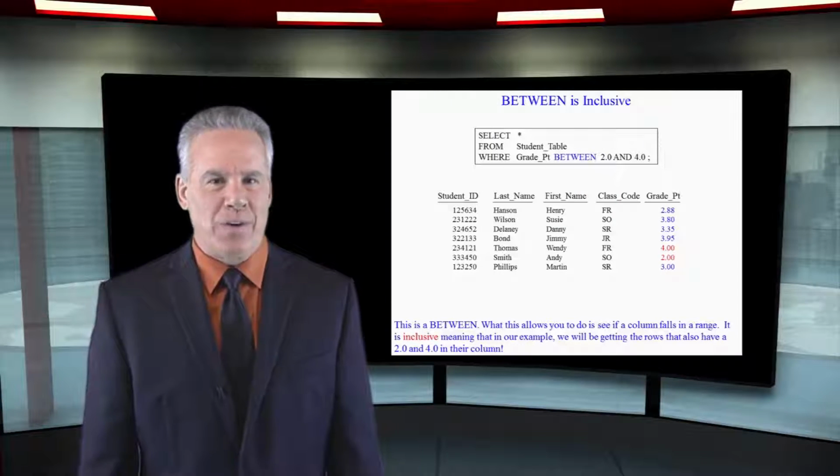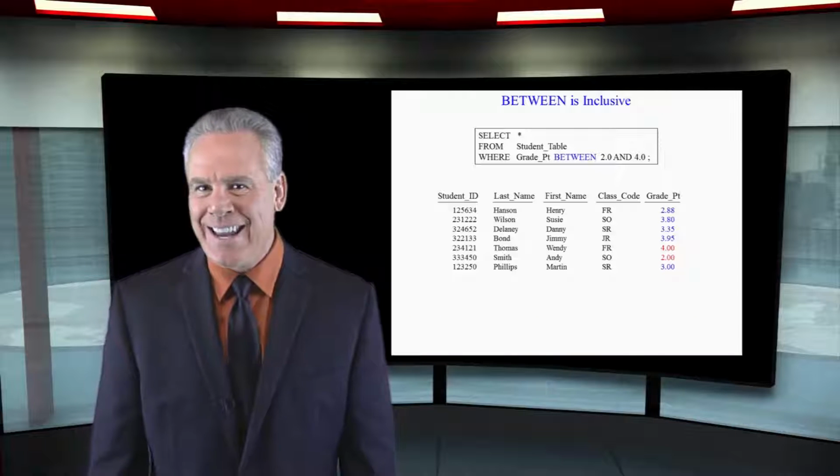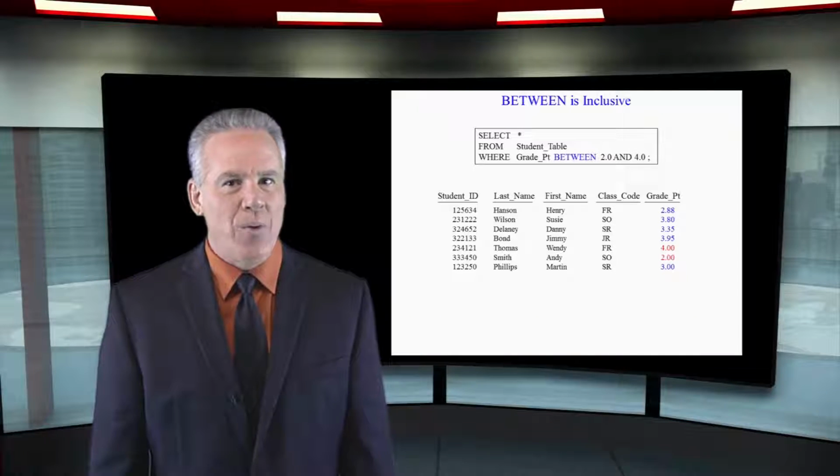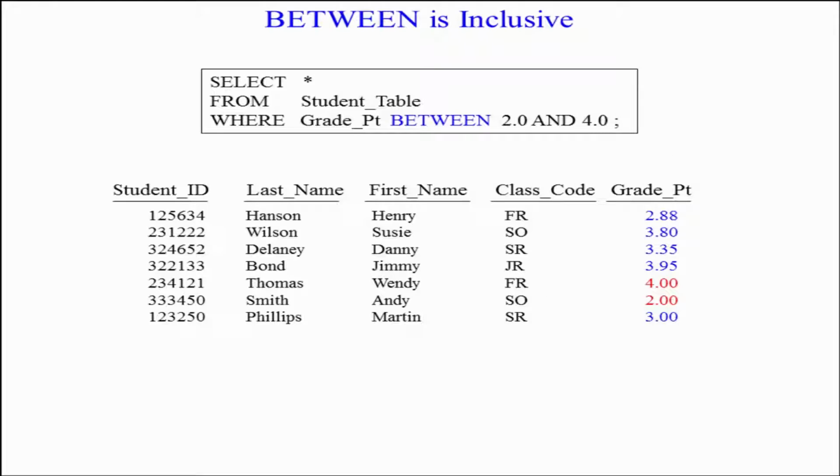Here's a very important command, the BETWEEN statement, where grade point between 2.0 and 4.0. Notice the data that's come back. Hey, there's some 2.0s and there's some 4.0s. That means it's inclusive. It includes the ends of 2.0 and 4.0.